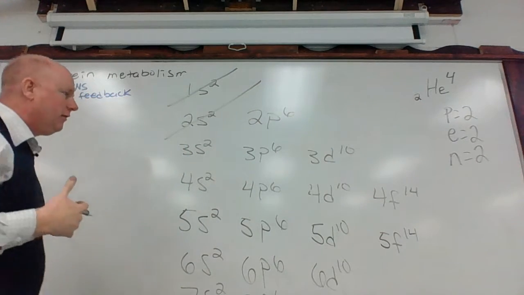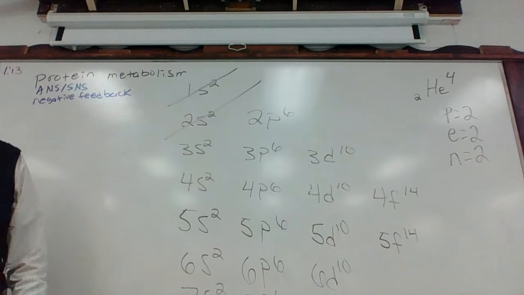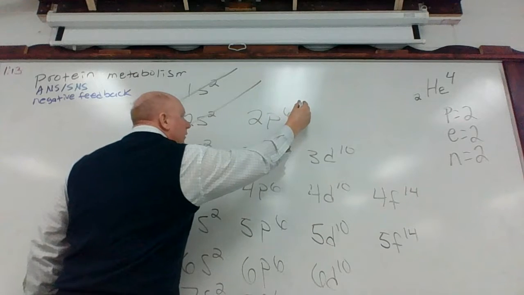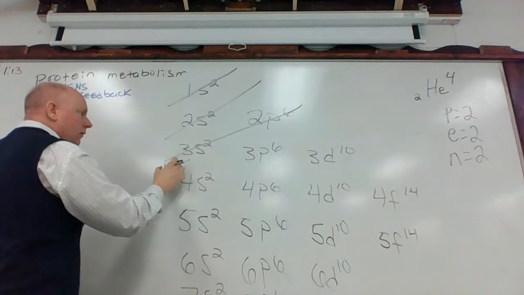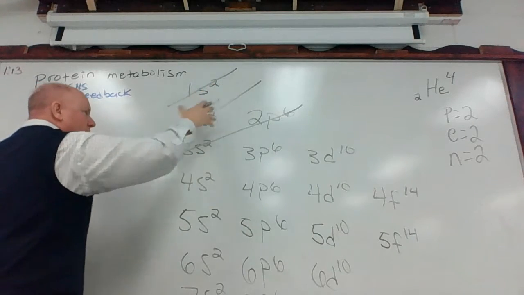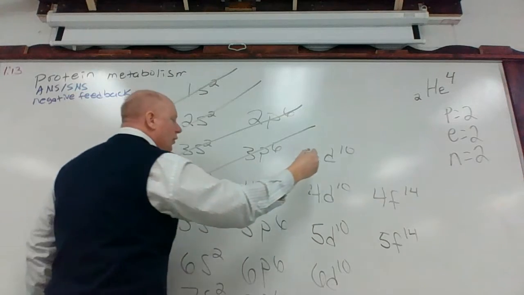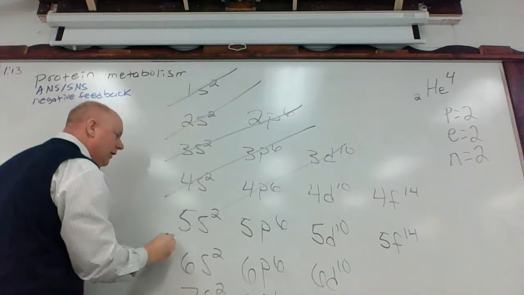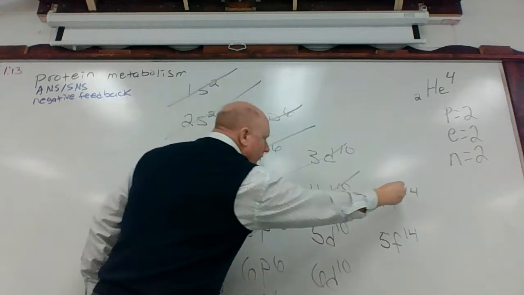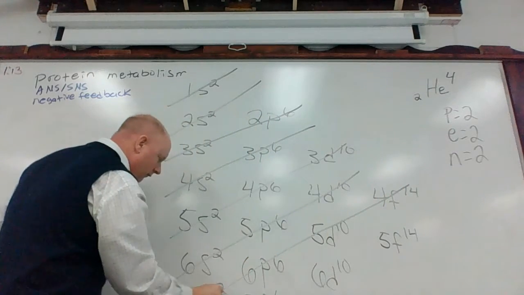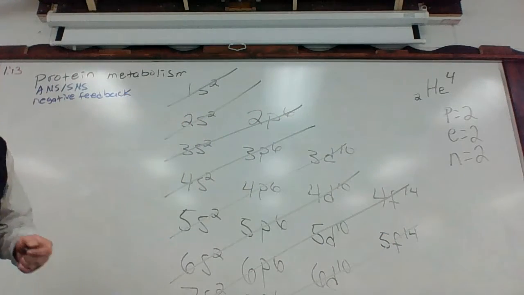Just don't start putting random lines on here or else this isn't going to do you any good. Then 2p6 to 3s2. You go ahead, yes, please put these lines in. Okay? So that it looks like this. And that's what we want your slide rule to look like.